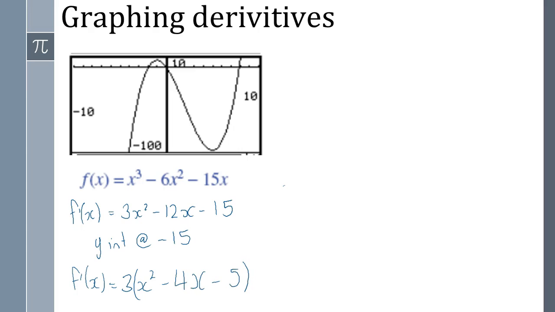And then I'm just going to be able to do simple factorization. So 2 factors of negative 5 that add up to negative 4: negative 5 and 1. Okay, so we are going to have x-intercepts at 5 and at negative 1.